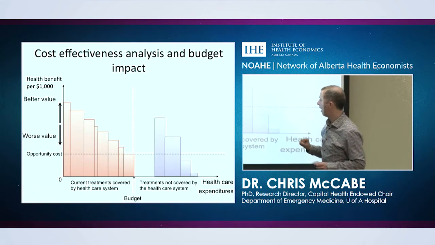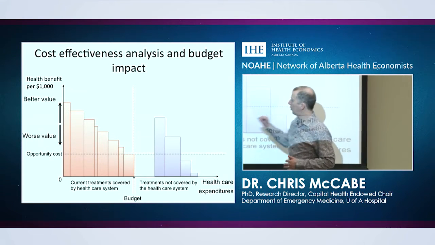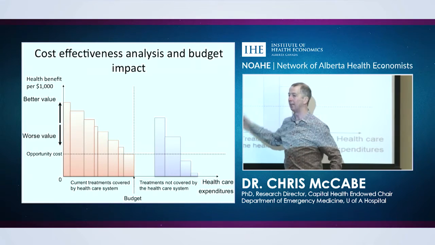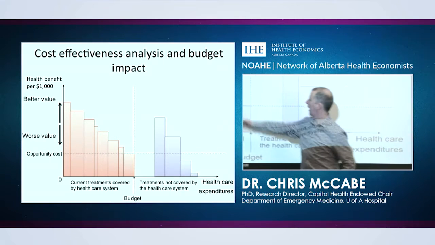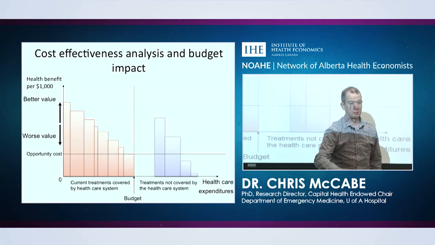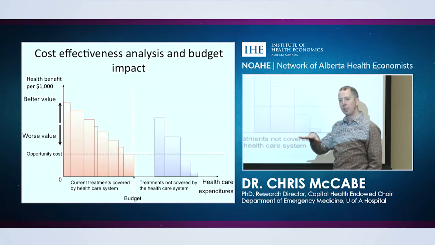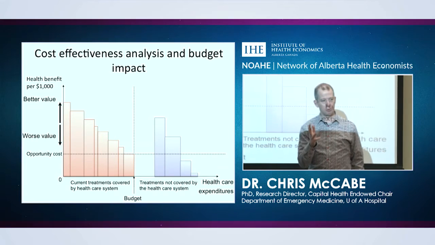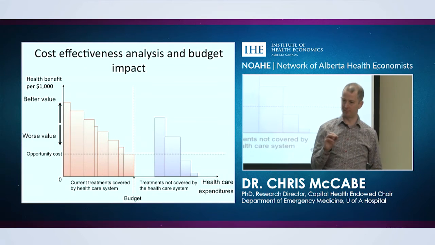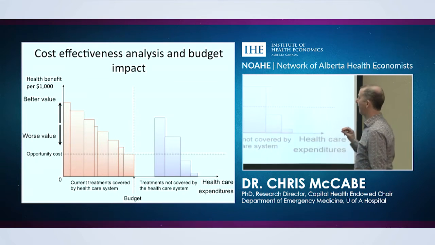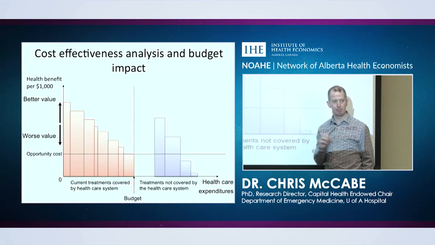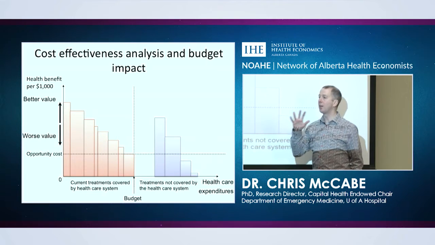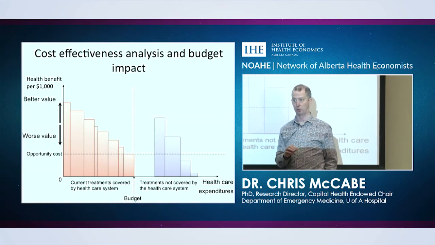And you'll remember I said that the more you displace from your current budget, the higher the bar, but actually the lower the cost effectiveness is going to have to be in order to be good value. So that instantly gives us a reason to be concerned with budget impact. Some technologies have such a large budget impact that it is not appropriate to apply our standard cost effectiveness threshold.